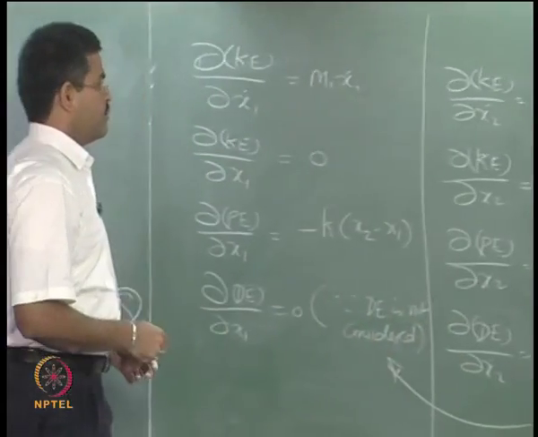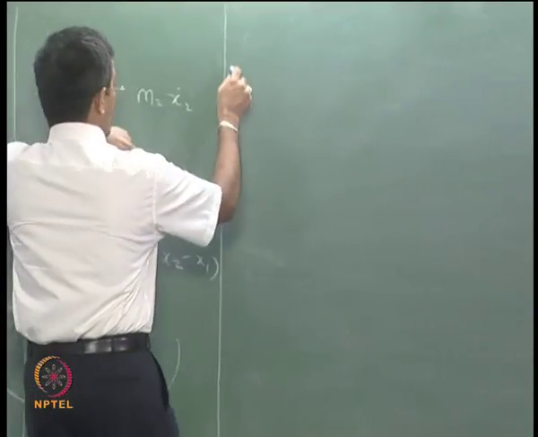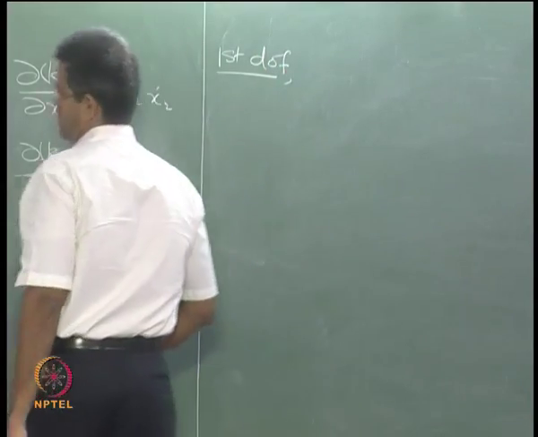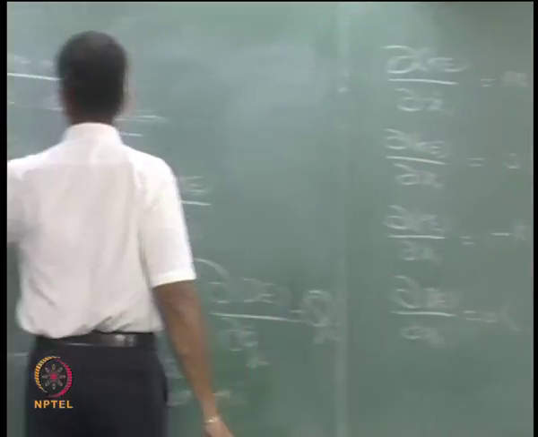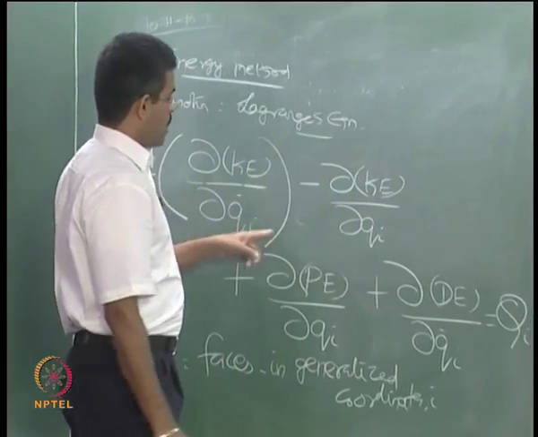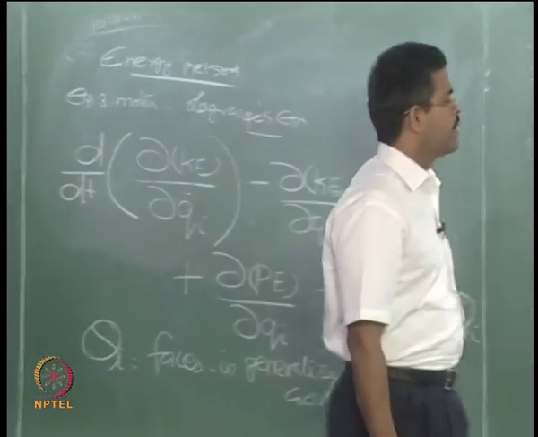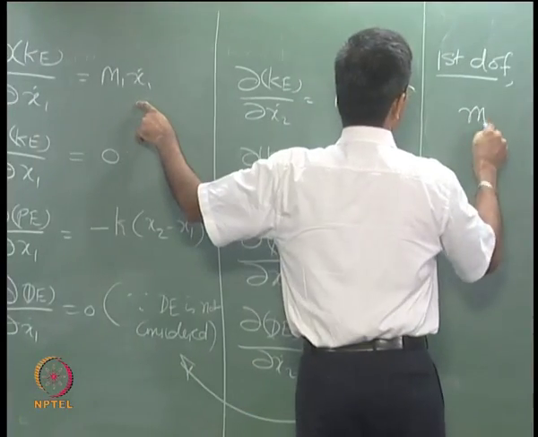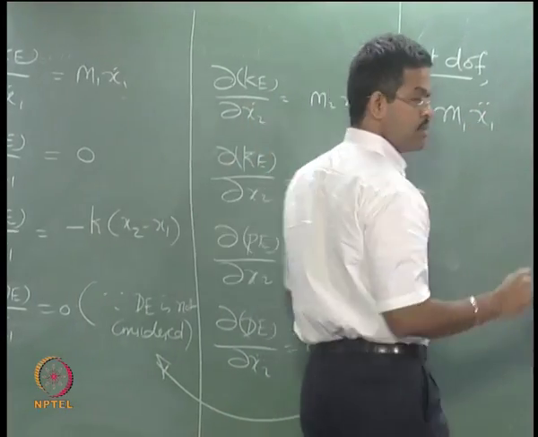So, for the first degree of freedom, I must take d by dt of this equation, which will give me m1 x1 double dot.